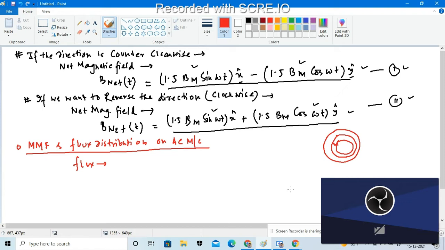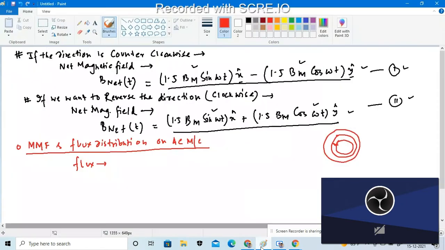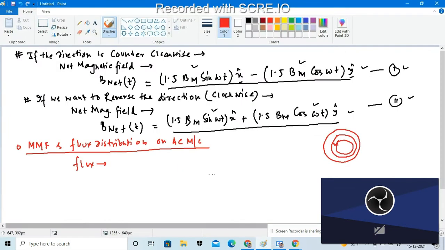For that case we have to draw two figures: one for the non-salient pole rotor, and one for the salient pole rotor, for AC machines.